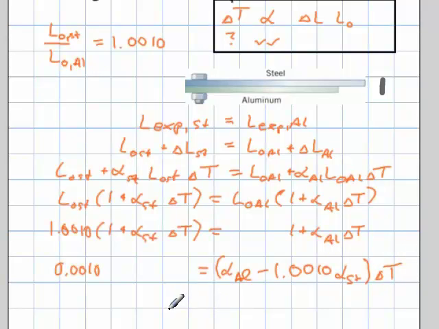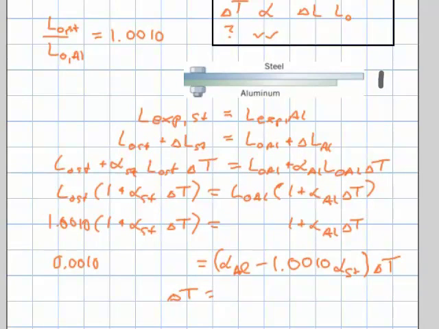And now I can just plug in numbers and come up with what the temperature increase should be. So for that one I have to look up the coefficients of thermal expansion. So I'm going to have 0.0010 divided by parentheses.